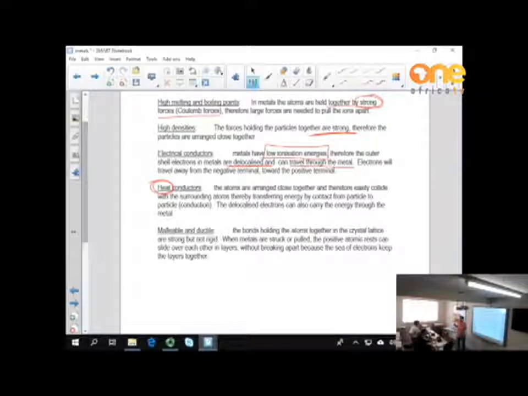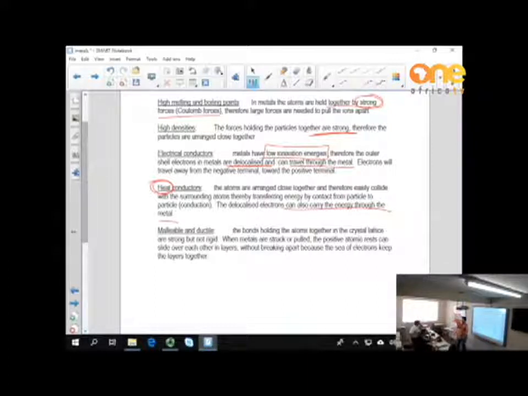So, the positive atomic rests, they gain energy, they start vibrating and they can bump into each other, transferring the energy by direct contact. The other thing is that the electrons are delocalized and they can also pick up energy and move more. All right. Delocalized electrons can carry the energy through the metal. Yes.